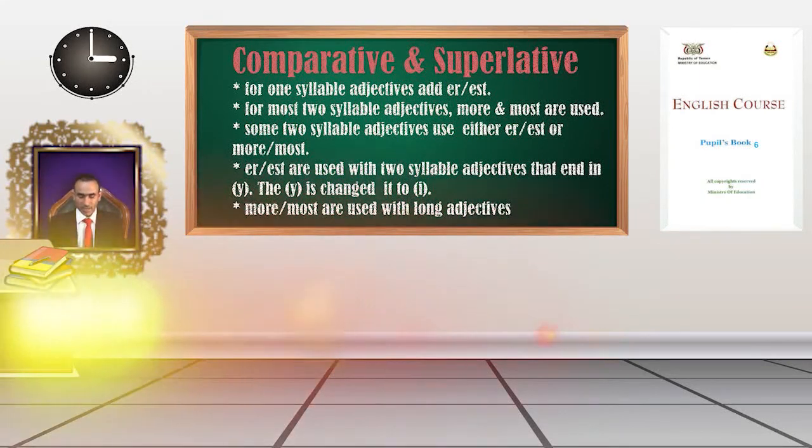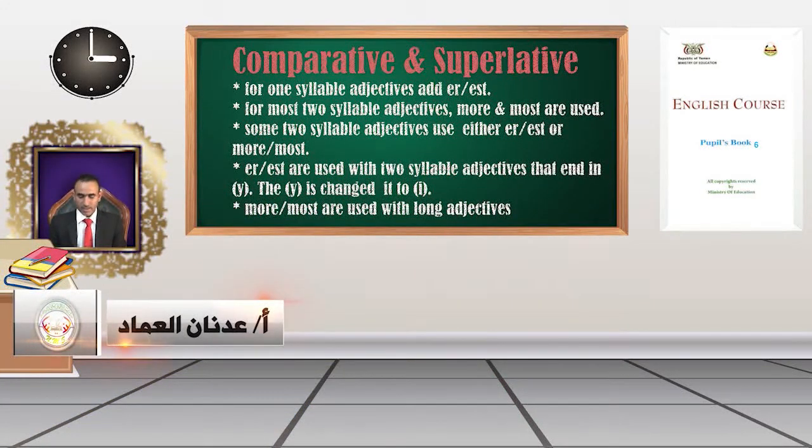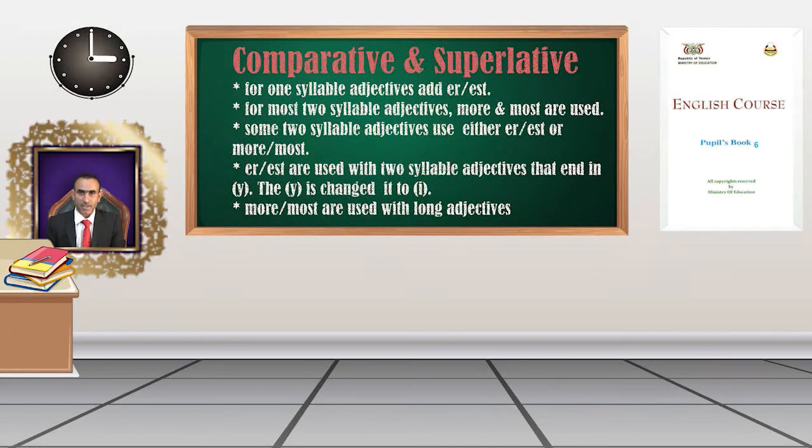Some 2 syllable adjectives use either ER, EST, or more and most, when the adjective has 2 syllables and the stress is on the first, like clever: cleverer, the cleverest, or more clever, the most clever. ER and EST are added with 2 syllable adjectives that end in Y, changing Y to I. For example, funny, funnier, the funniest.